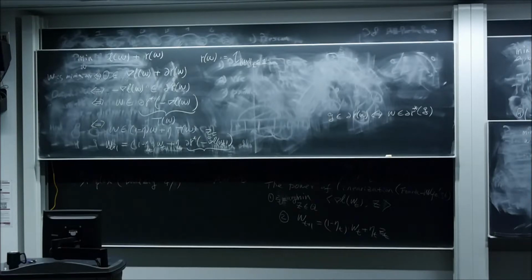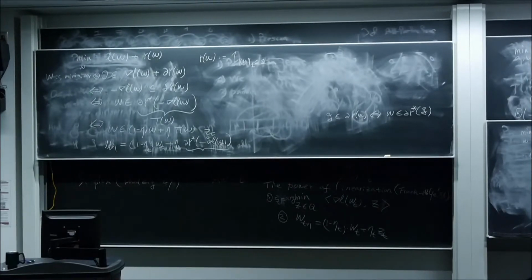And plus, because the regularizer is convex, and this is a convex combination between two terms, I can use convexity to have R of W_t plus eta_t of R of Z_t. Right? So I would like to have this inequality.